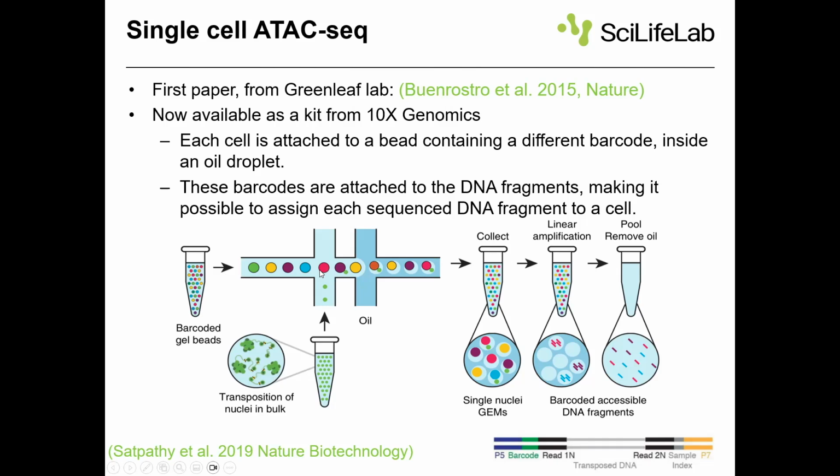So each cell ends up hopefully in its own droplet, and then you get these DNA fragments which have the sequence inserted by the transposase on each side, and then you get these cell-specific barcodes. And then you just sequence them all together. So this is, in a way, very similar to what happens in single cell RNA-seq.